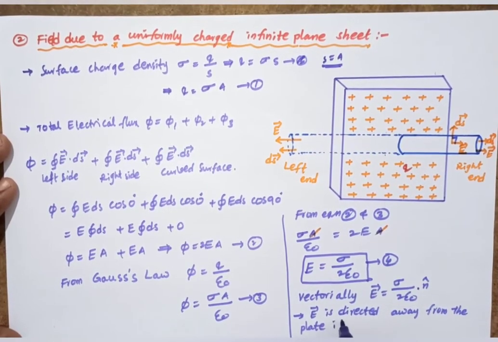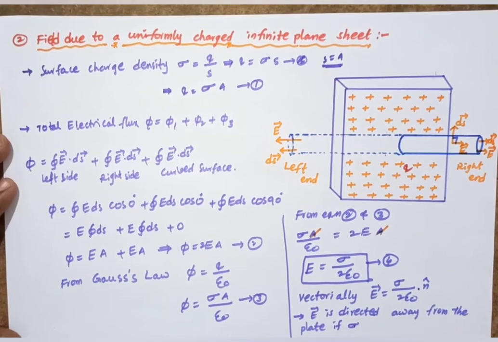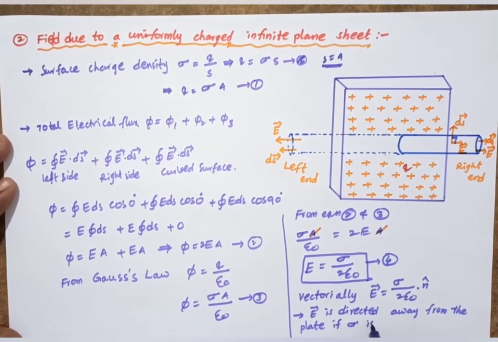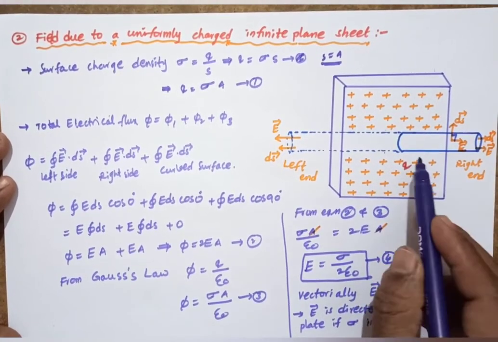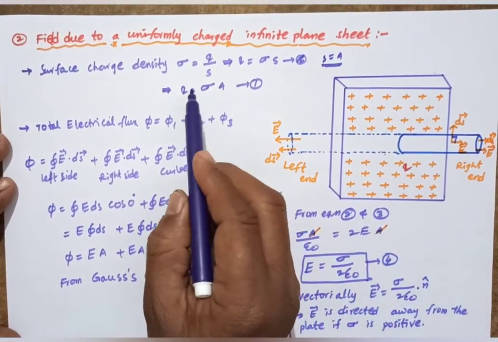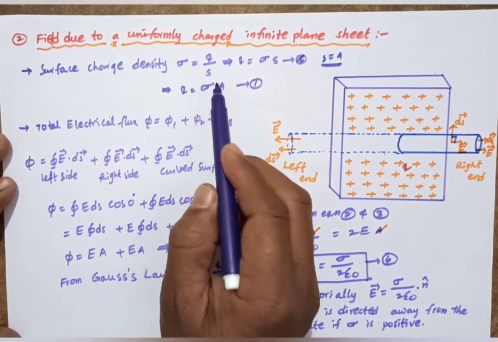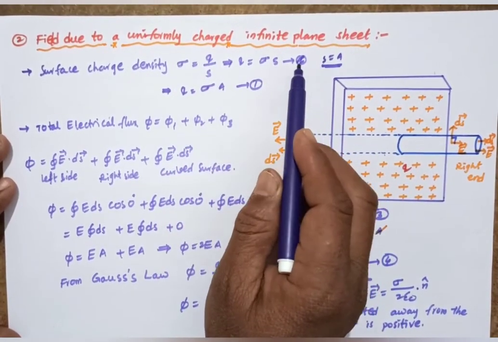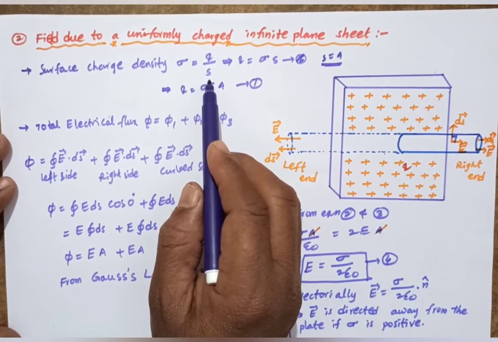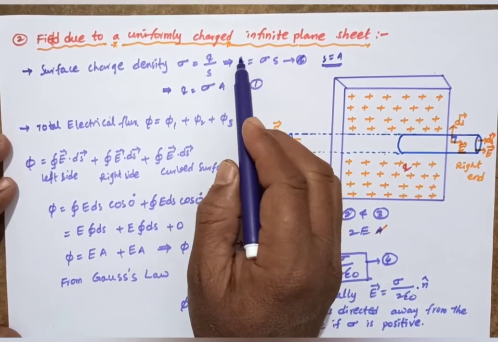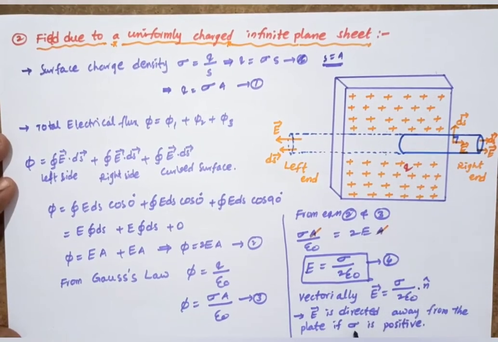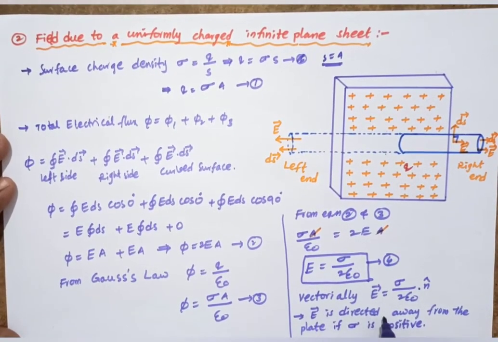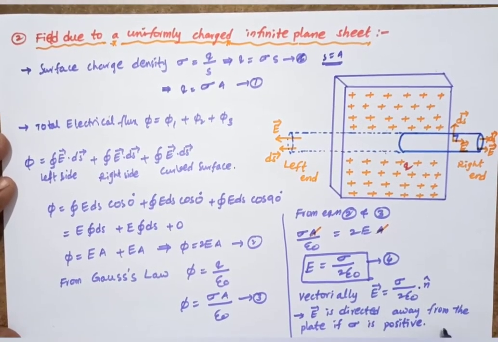sigma is positive. When it is positive, sigma equals q by A, q by surface area. So q is positive, sigma is positive, the charge is positive, and E is directed away from the plate.